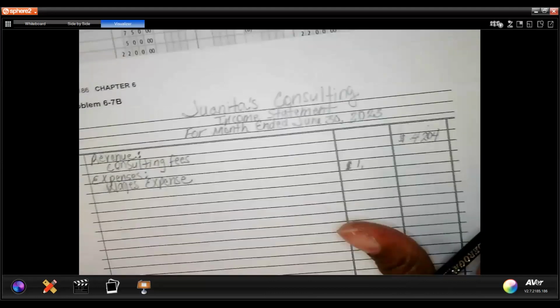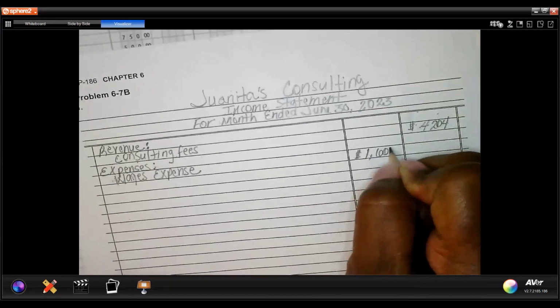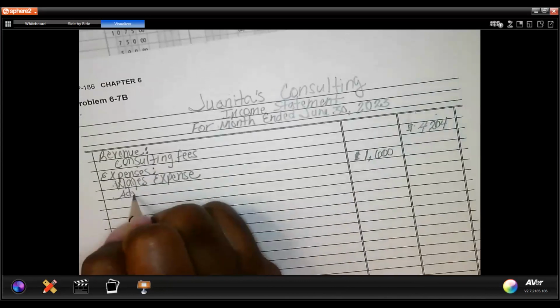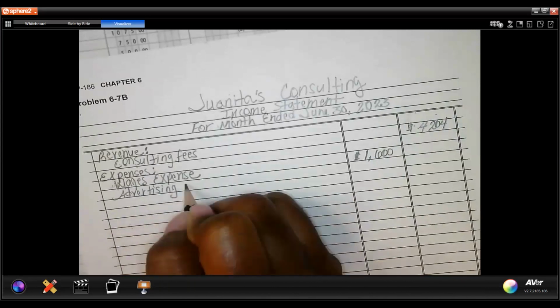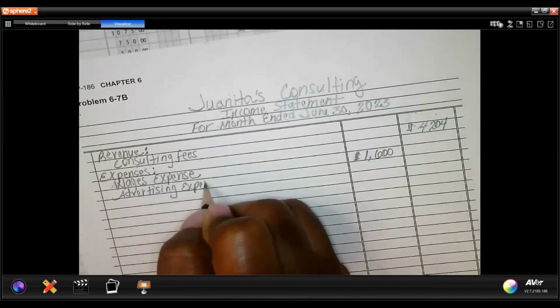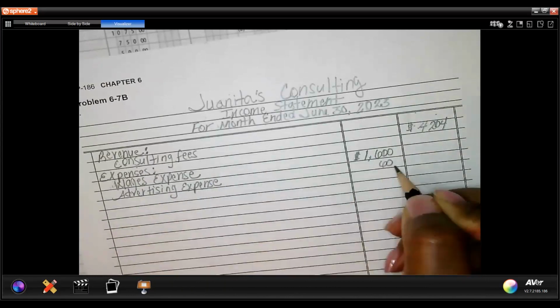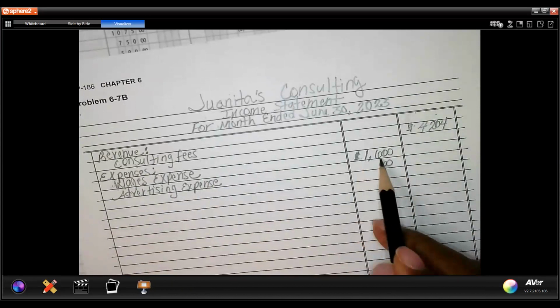So let's just continue. Again, we said that the wages expense was $1,600. Our next account is advertising, and that's $60. Again, we don't need to put that leading dollar sign. You only put that dollar sign on the column header.